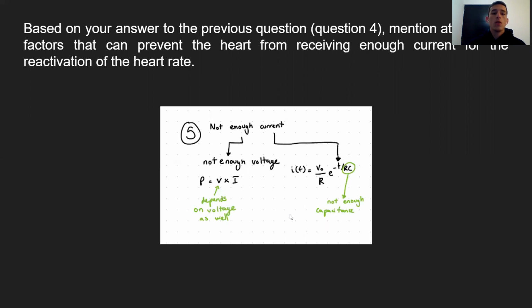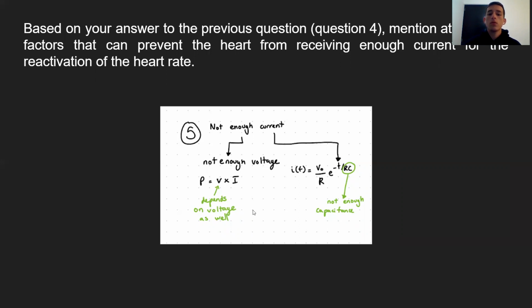Next, finally, based on my answer in the previous question, I have to mention two factors that can prevent the heart from receiving enough current for the reactivation of the heart rate. So the problem is not enough current. We didn't have enough voltage. We know that power depends on voltage as well, which is actually the energy that is flowing. And in Ohm's law, we know that the current equals voltage over the resistance.